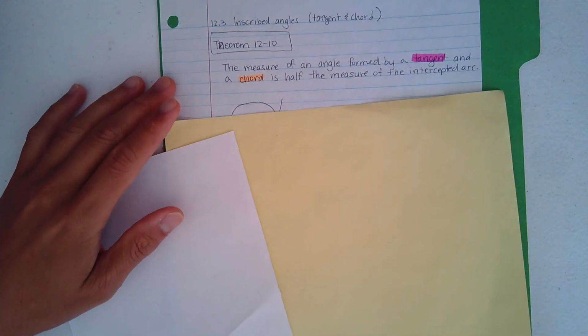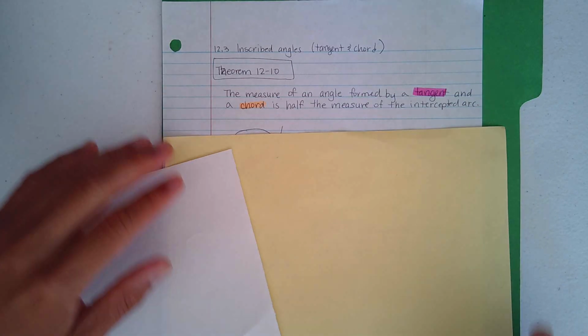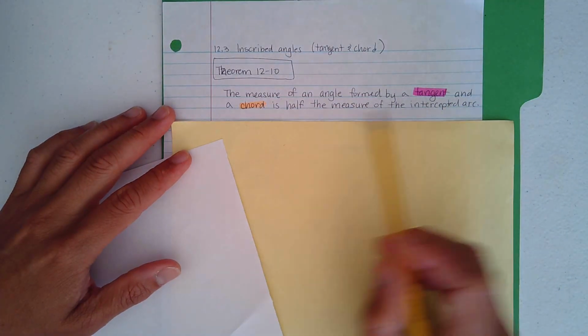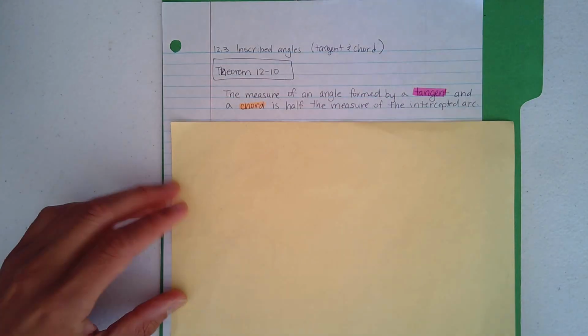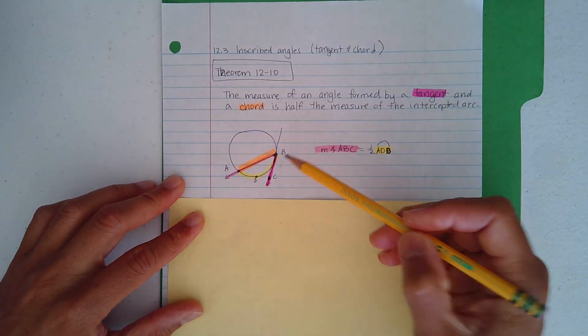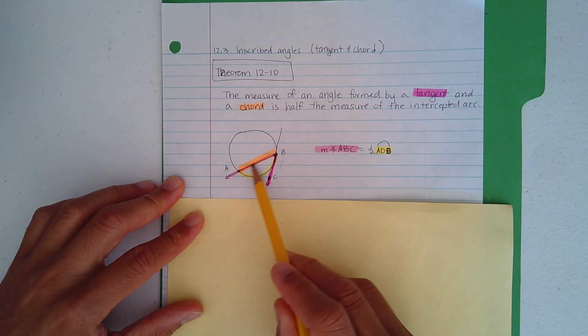All right, next theorem. It says the measure of an angle formed by a tangent and a chord is half the measure of the intercepted arc. So here is the tangent, here is the chord.